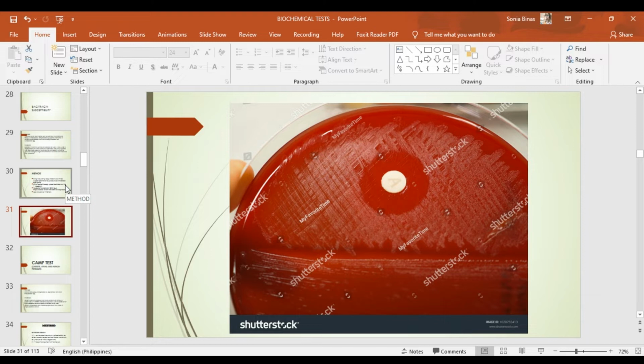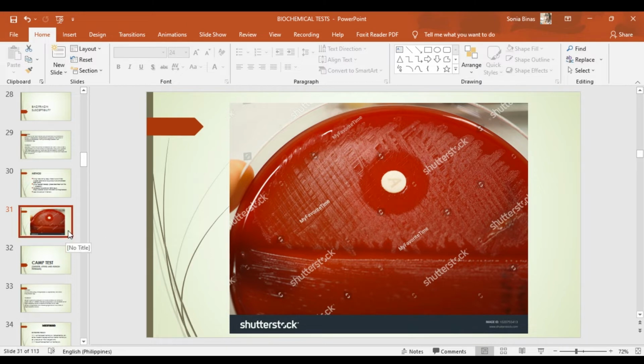So, the positive test or the positive organism will be our Streptococcus pyogenes. Ano po? And our negative or our resistant organism for our bacitracin susceptibility test is our Streptococcus agalactiae.